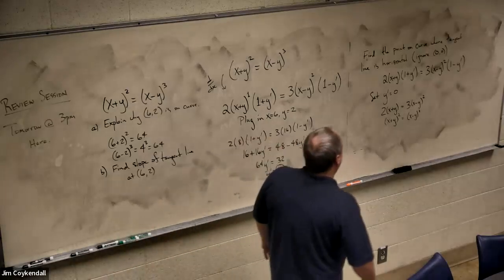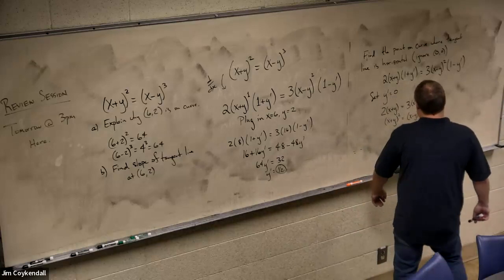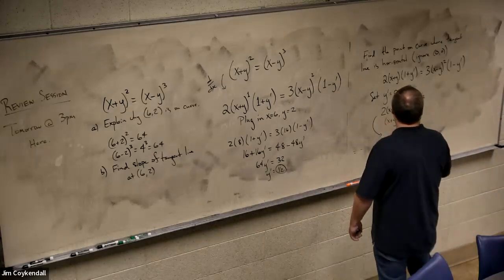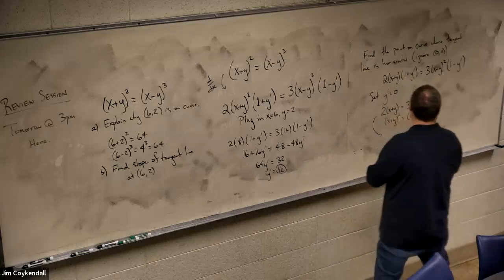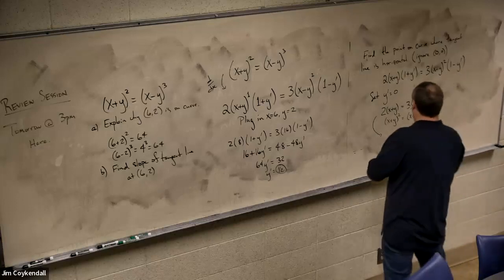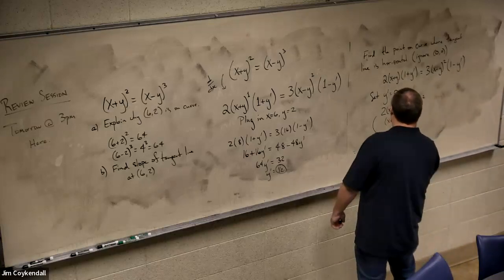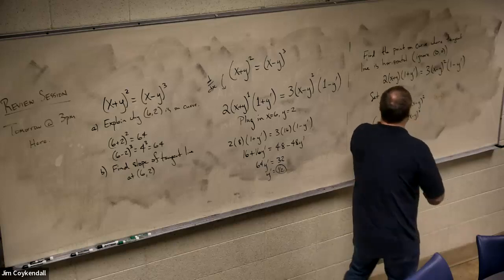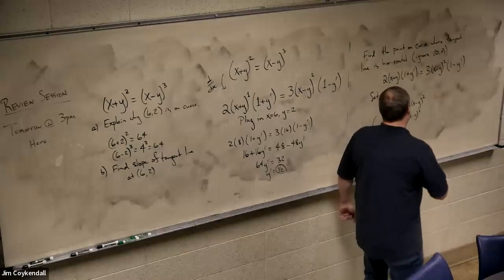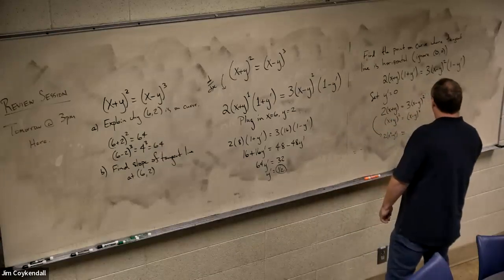So how do we do this? Well, let me make a suggestion. Let's multiply both sides of this equation by x minus y. I'm going to get 2 times x squared minus y squared, because x plus y times x minus y is x squared minus y squared. And here I'm going to get 3 times x minus y.